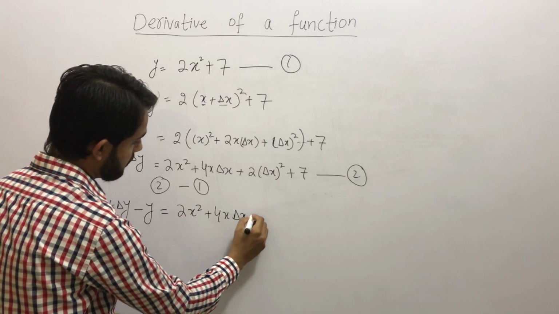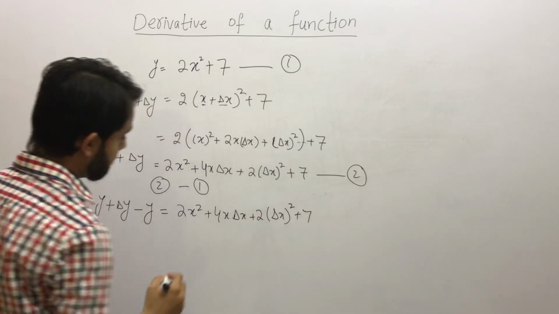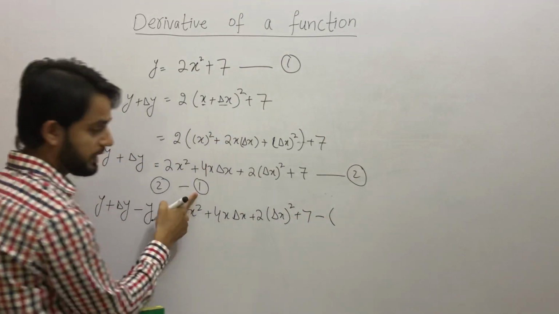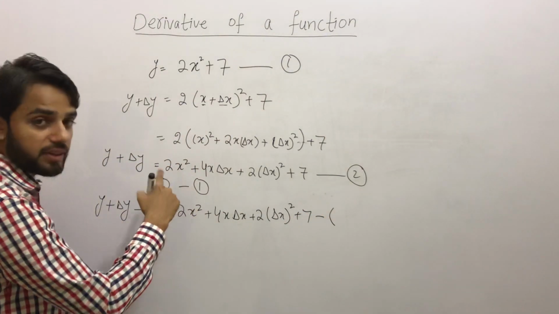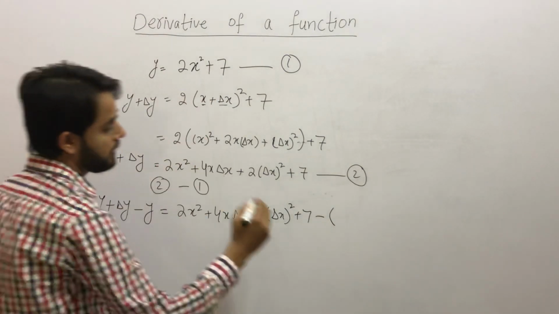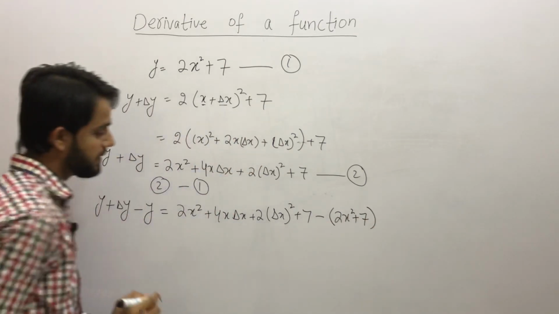Just go with the flow and be confident. And then there is a subtraction sign, right? Subtract. There is equation 1. You are subtracting the right hand side. Where is your right hand side? Oh, it's over here. So 2x square plus 7.